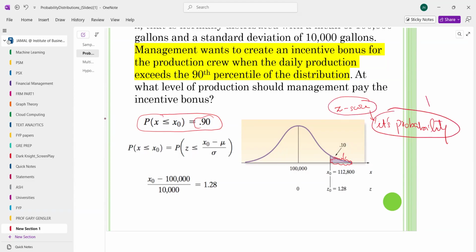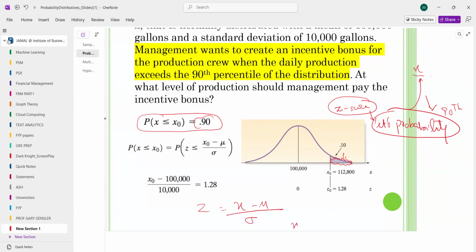But in this case, we are given the probability, and we have to backtrack and find the value of x. The probability is the 90th percentile, and given the information, we will figure out our x, and just use the formula z equals x minus mu upon standard deviation.